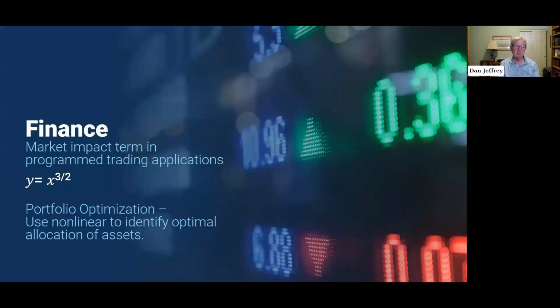So in finance, we see this equation, y equals x to the 3 halves. It's something used in programmed trading applications. It measures market impact. And you can look at the literature on this, but the point is people writing these models for this kind of application, they don't want to use an approximation.